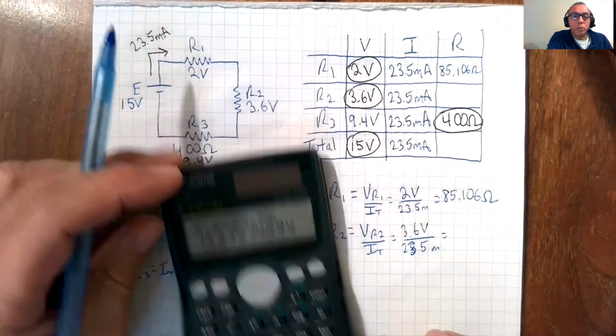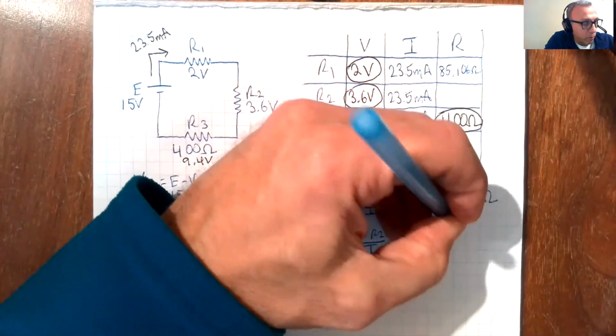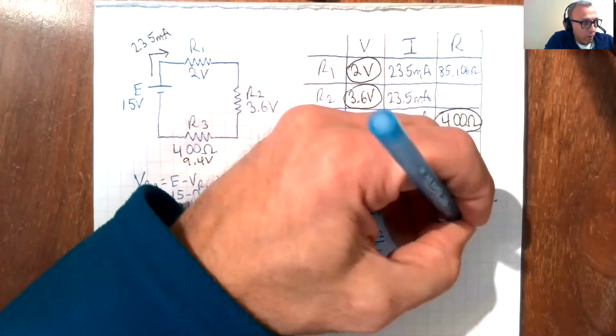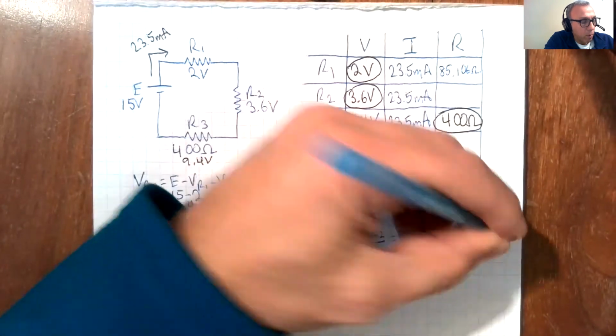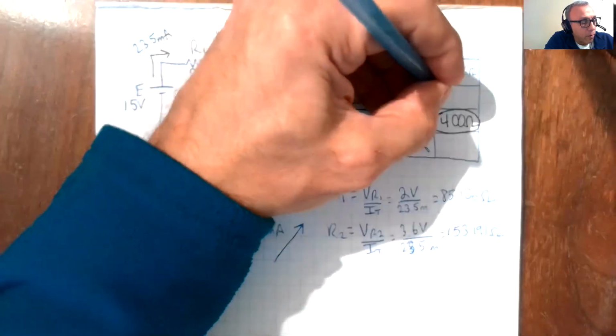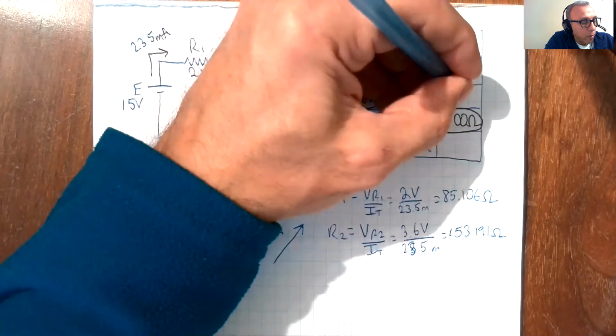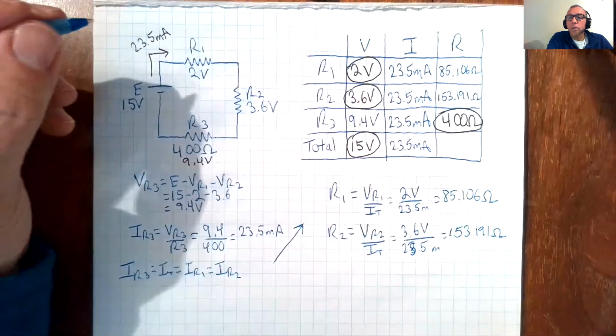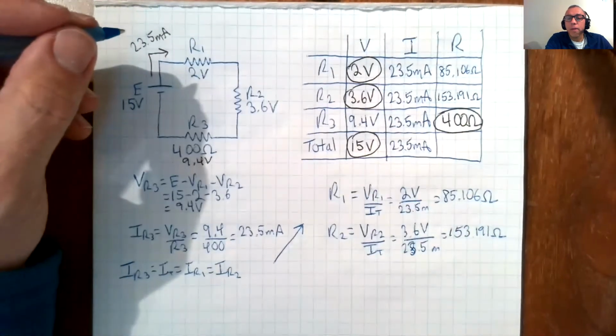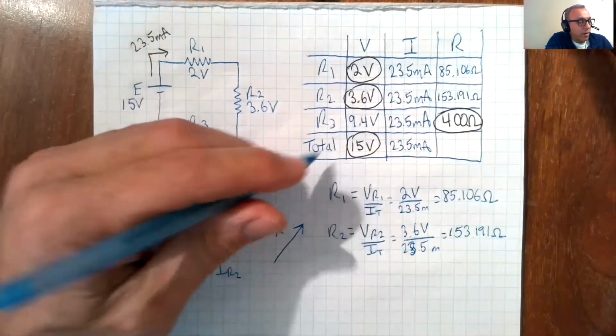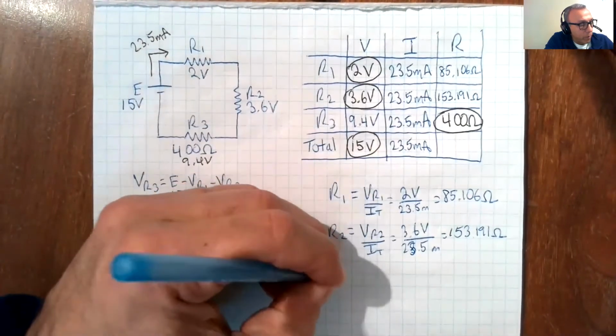And we get 153.191 ohms. So we have that there. Voila.